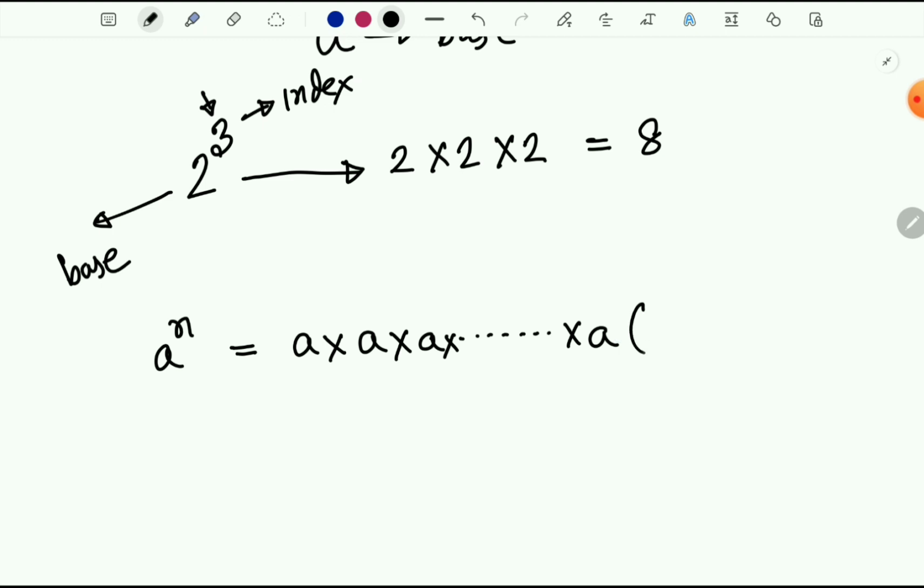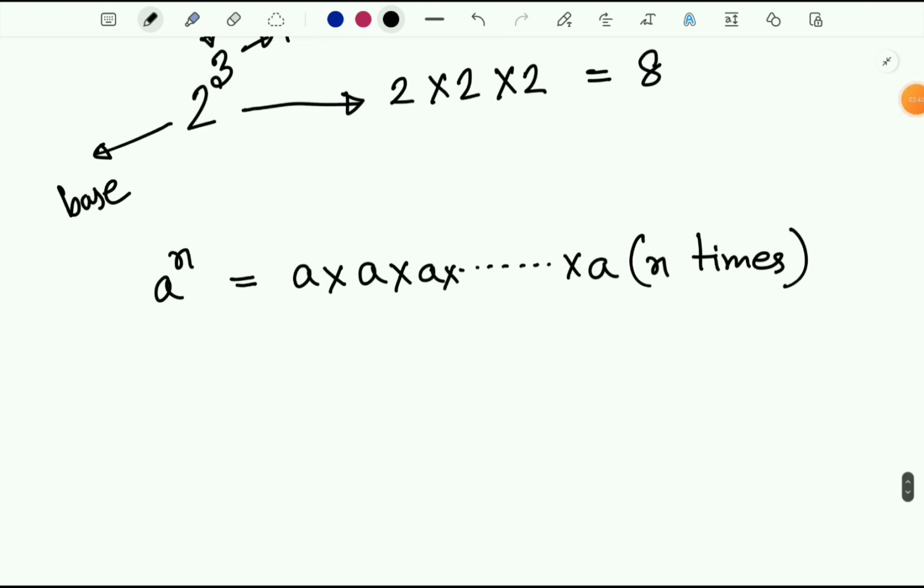Okay, we can simply write it like that. So a power n means a multiplied by a till it equals the index number.